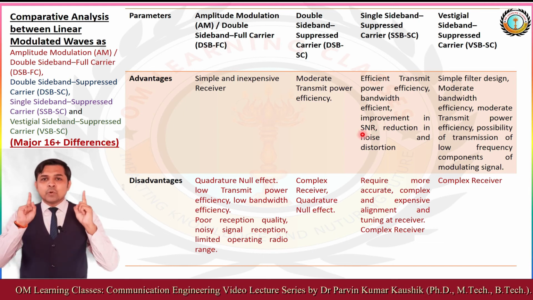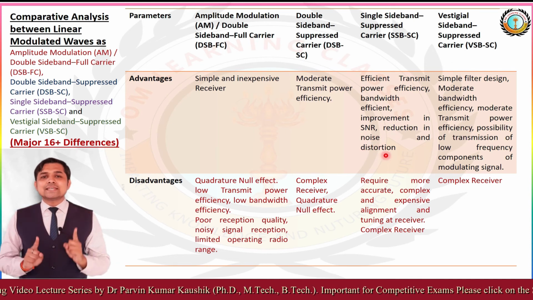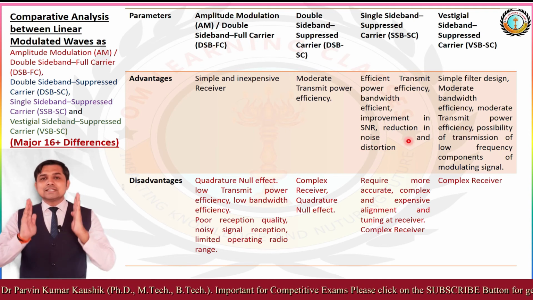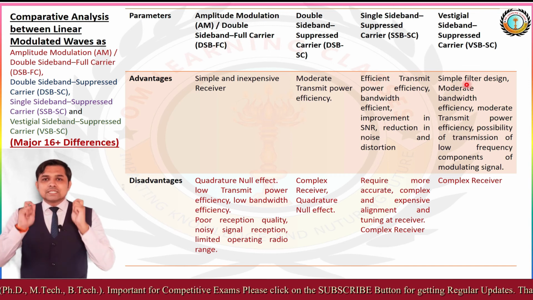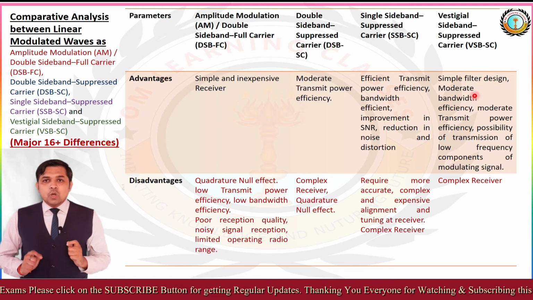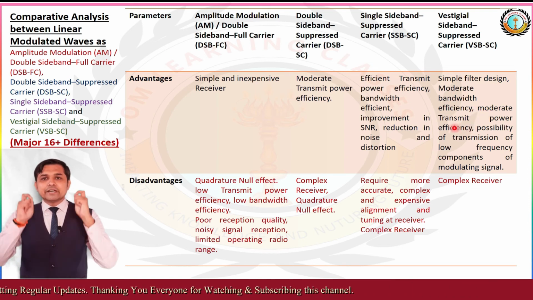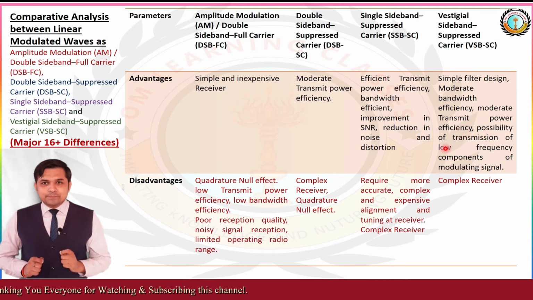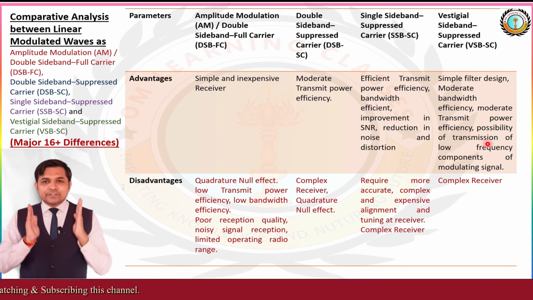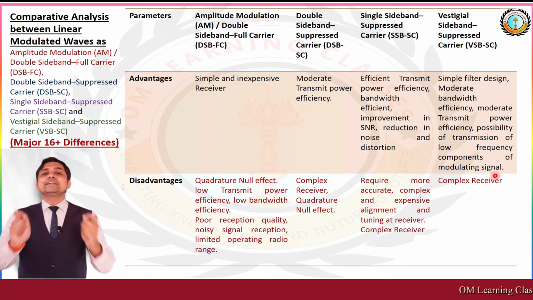It has improvement in SNR. It has reduction in noise and distortion. If we consider the advantages of VSB-SC, simple filter design in comparison with SSB-SC, moderate bandwidth efficient scheme, moderate transmitted power efficient scheme, possibility of transmission of low frequency components of the modulating signal.